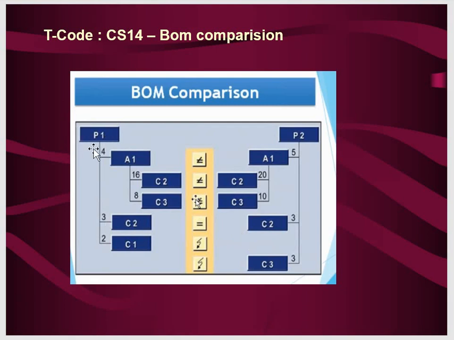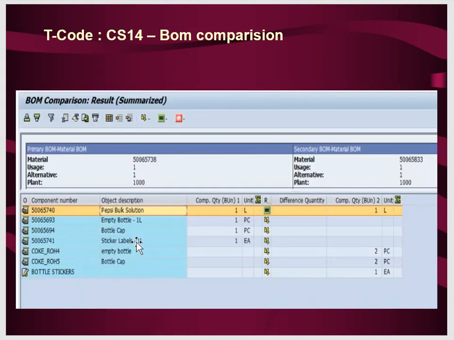For example, here in this diagram you can see P1 and P2 BOMs, and the components are A1, and A1 subcomponents are C2, C3, C2, C1. For this A1, C2, C3, C2, which are matching we show as equal signs, and which are not, we show as a not equal sign. So this is how it looks in the SAP screen.